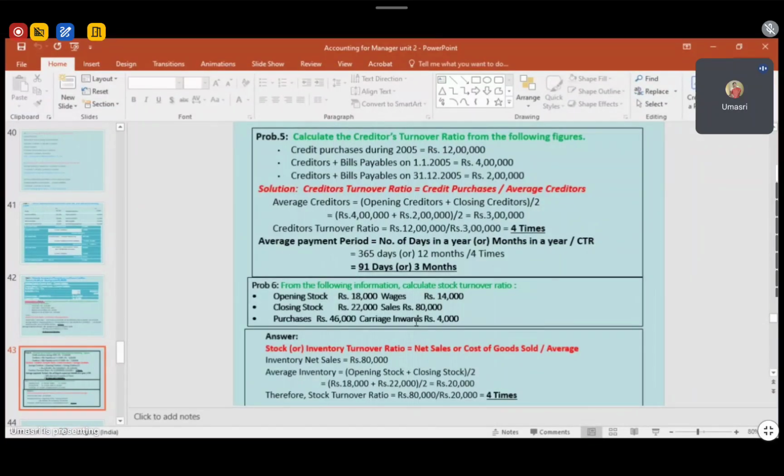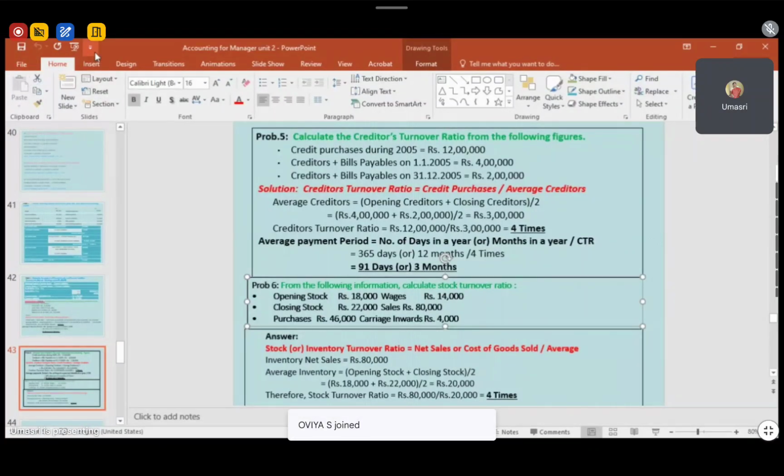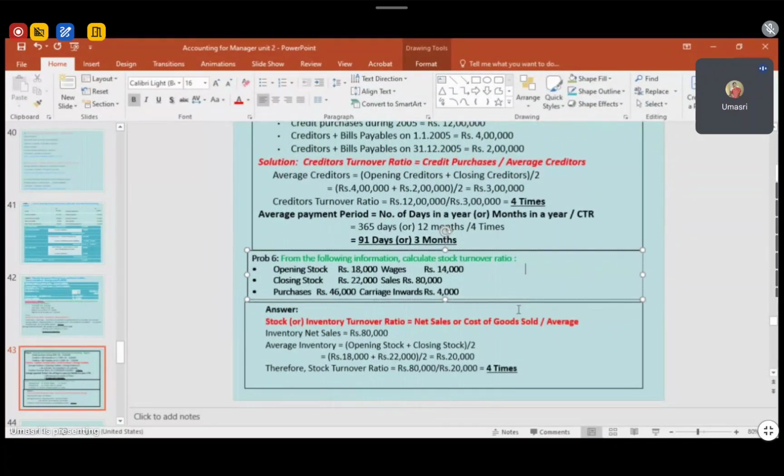You can find out gross profit if you are putting T form. Trading account you are putting, no? So debit side, opening stock is 18,000. See here, this slide.